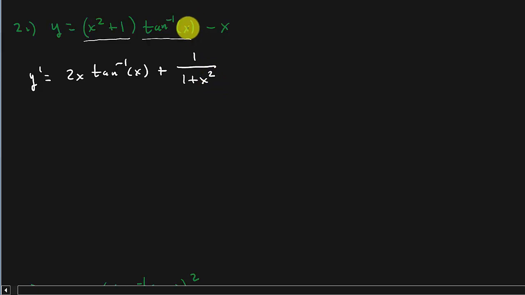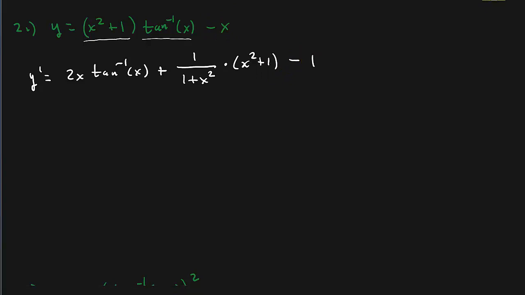So the derivative of x is 1, so that's times 1. We won't write it down. And then times the second function, so that's times x squared plus 1. And then minus the derivative of x is 1.